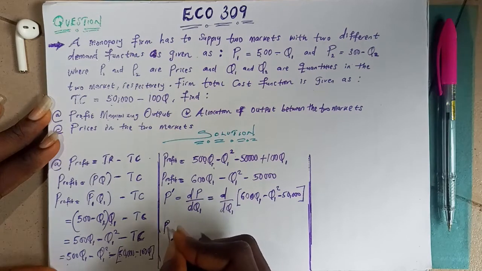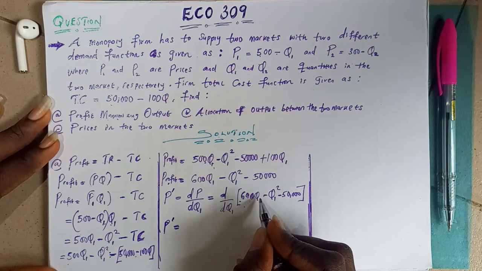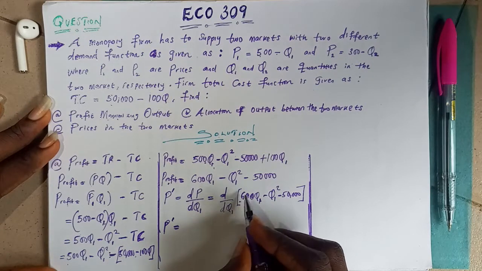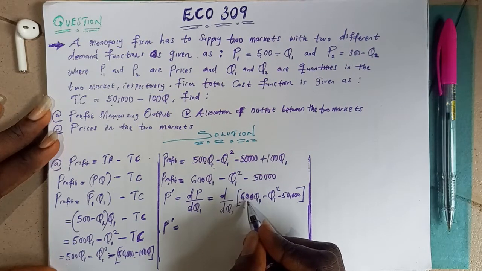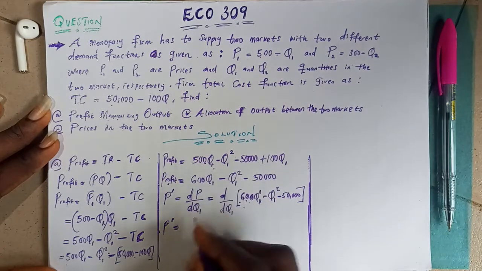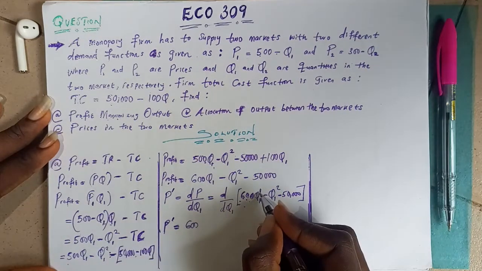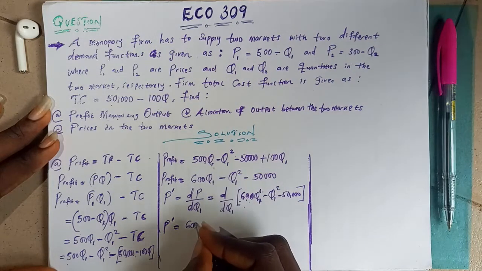Differentiating 600Q1 is the same as differentiating 600x, and that gives 600, because there's an invisible power of 1 here. This power multiplies the coefficient, giving us 600, and then you subtract 1 from the power, so Q1 raised to the power of 0 is 1. So 600 times 1 gives us 600.